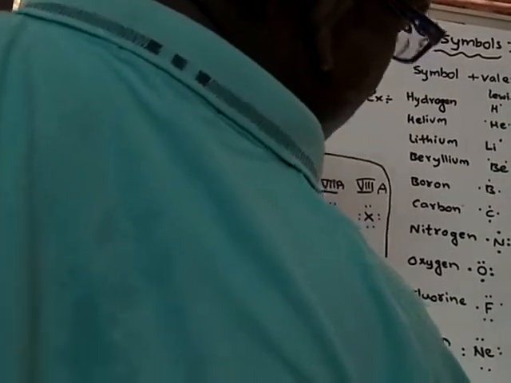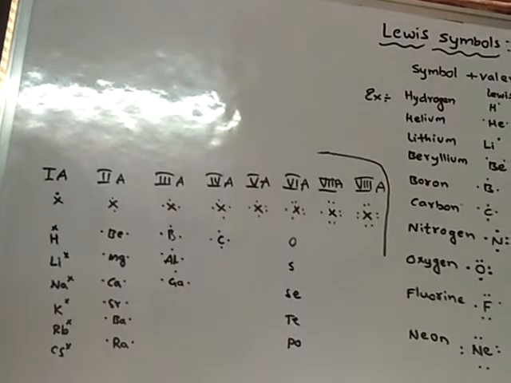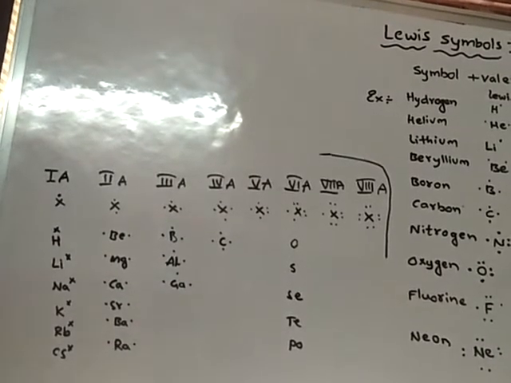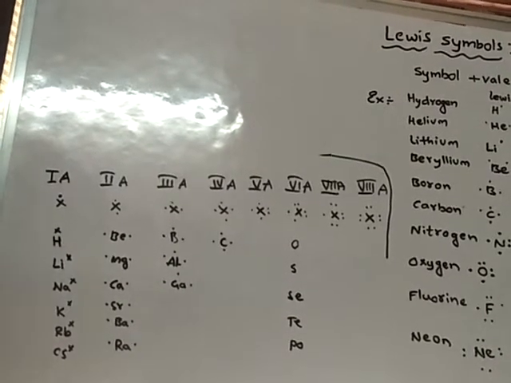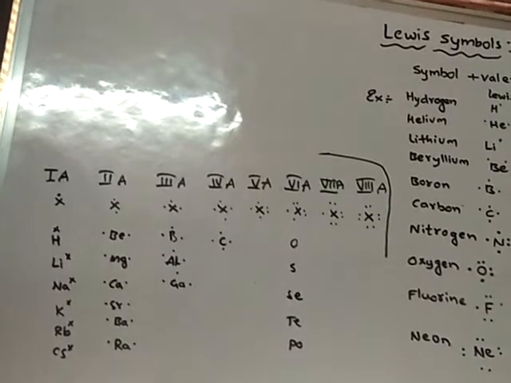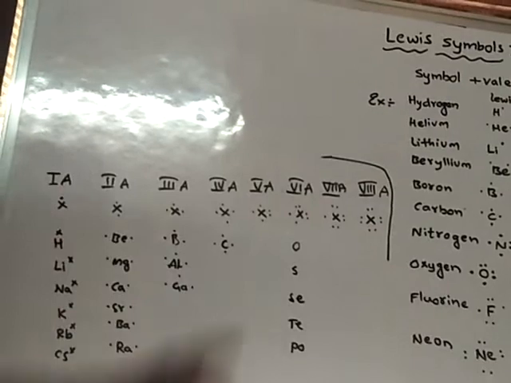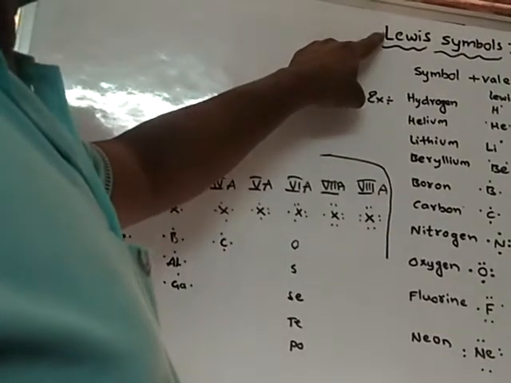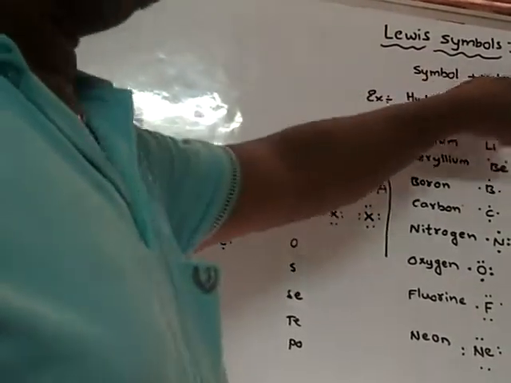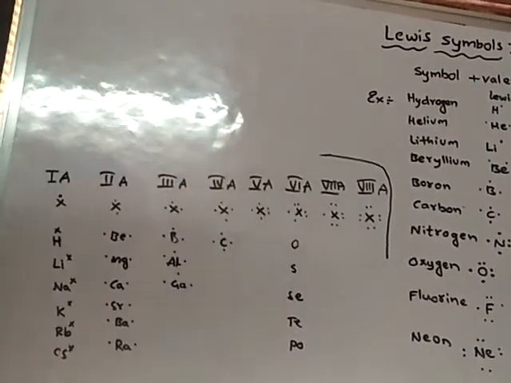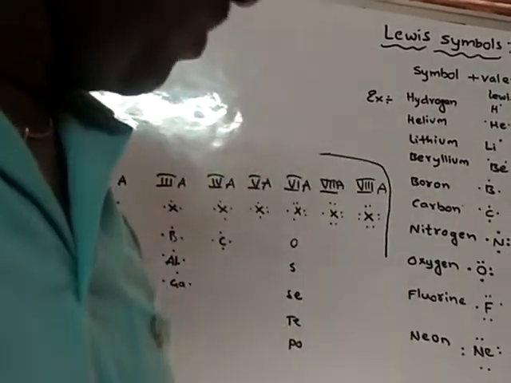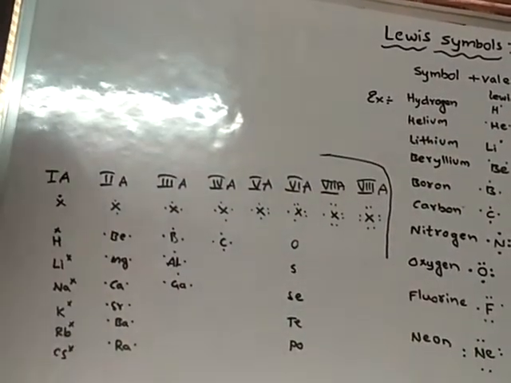Only this electron is responsible for the chemical activity of sodium. Not only sodium, for any element, only the valence electrons are responsible for its chemical activity. That is why, for writing the Lewis symbol, valence electrons are chosen. So this is all about Lewis symbols.